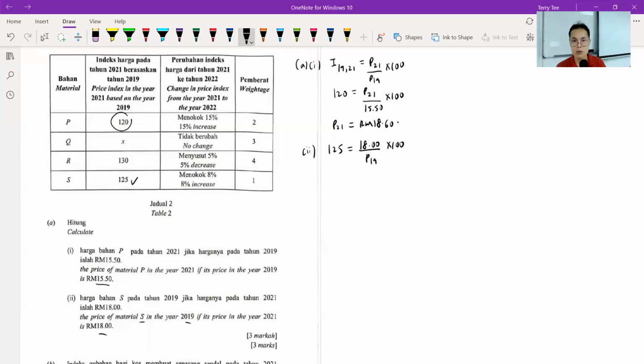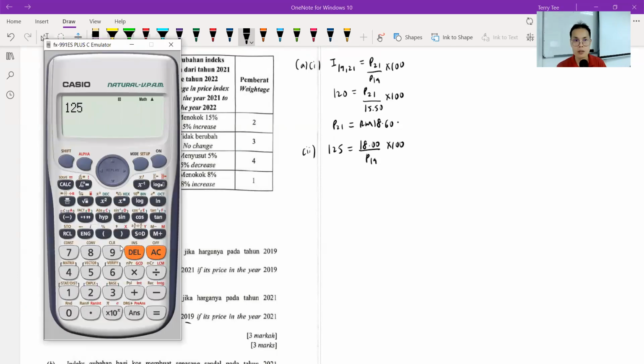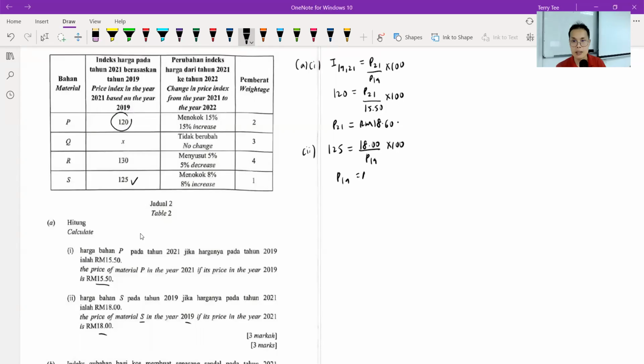So basically we're taking 18 divided by 125 times 100. So I got 14 ringgit and 40 cent. That's the price in the year 2019.